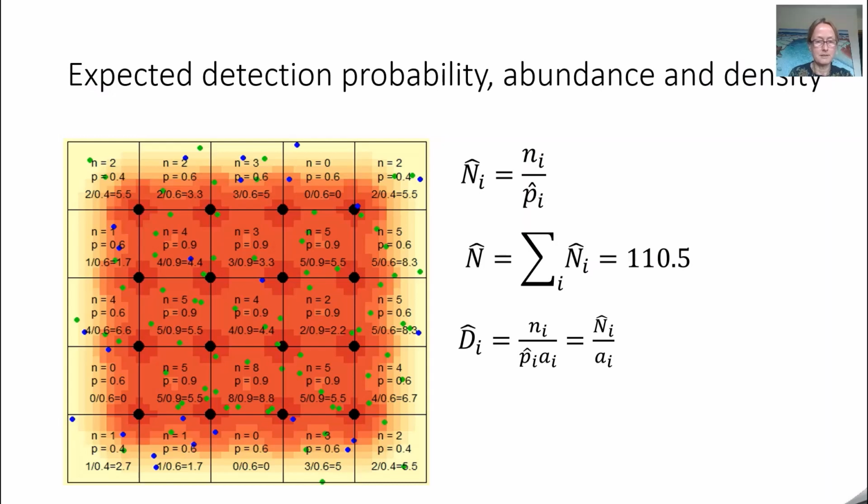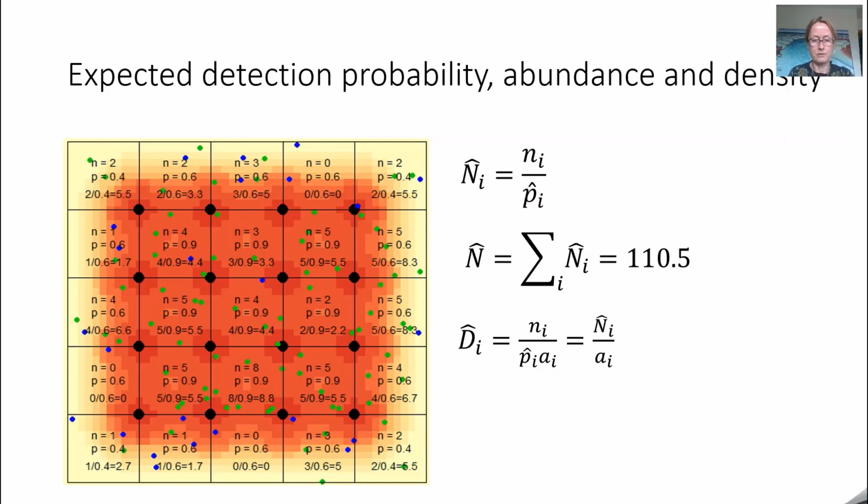Next, we're going to estimate density for each region, which is the number of animals per unit area. For this, we also need to know the size of the region, which we'll call ai. So little ai is the size of the region of each one of those little squares.